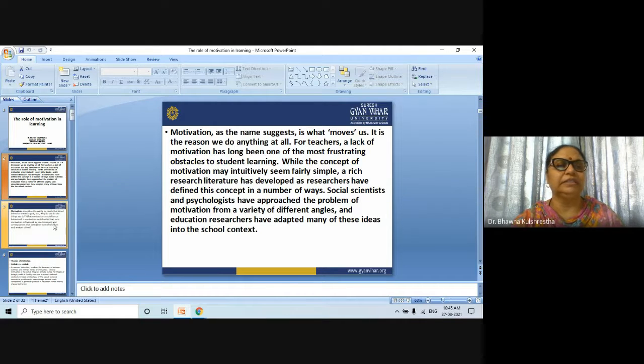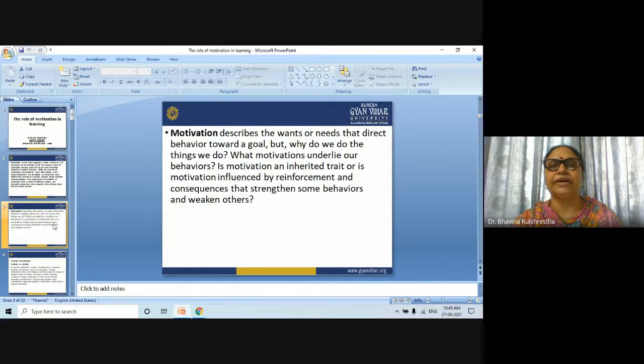Next, motivation describes the wants or needs that direct behavior toward a goal. It is about why we do the things we do, what motivations underlie our behavior.